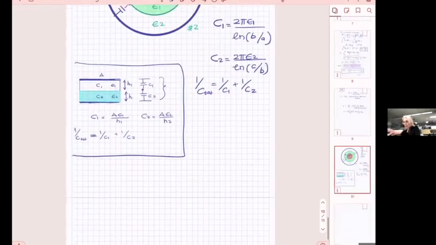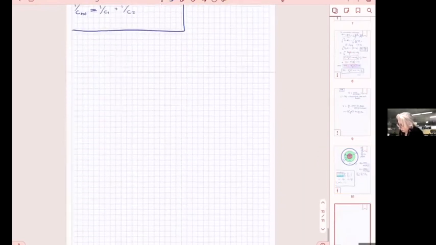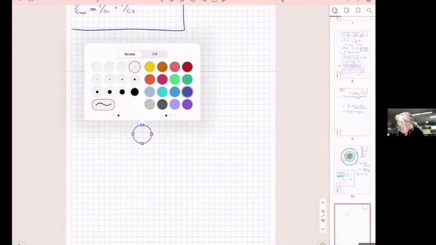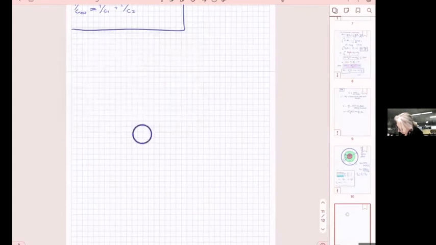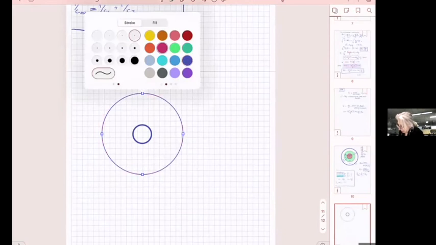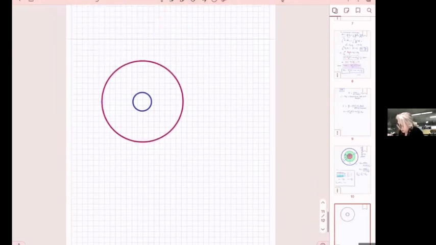Okay, now that's how we would do this. If we are doing this coaxial like that, how are we going to do this one, this coaxial? One here, then we have a bigger one here. And the dielectric now goes like this.